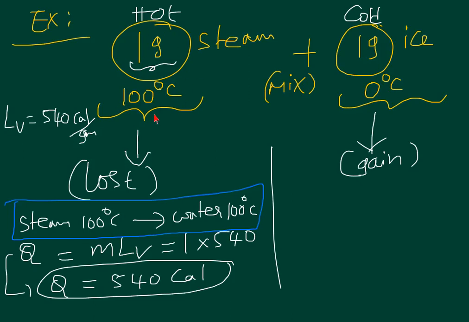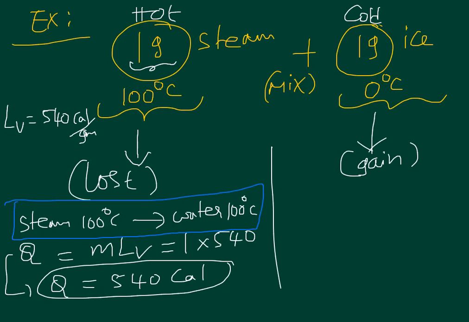When it loses heat energy, there is no option for steam; it has to convert to water at 100. That is the first step. After water at 100, it can even decrease its temperature, but first we have checked this step, and here we understood how much heat energy is involved: 540 calories.